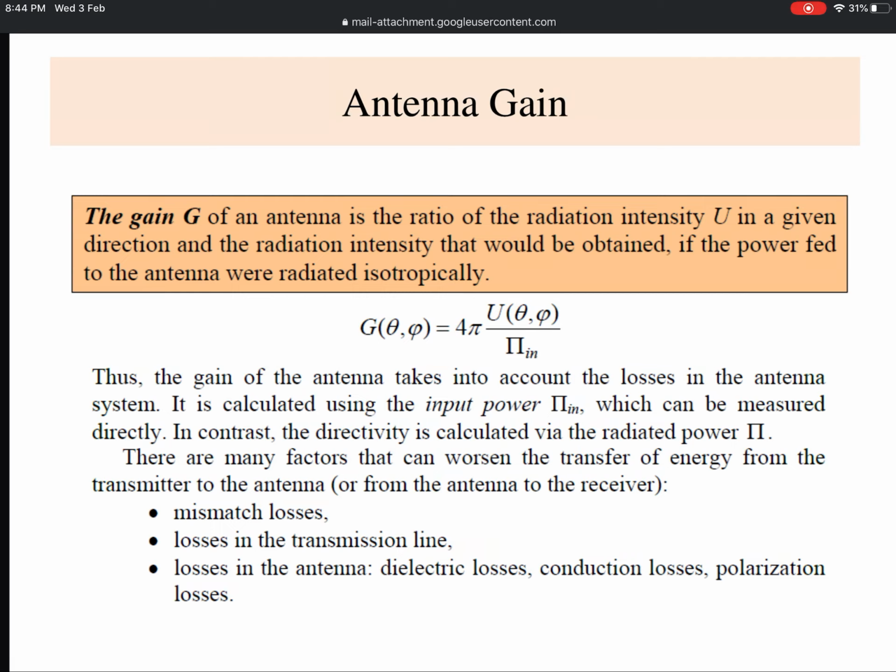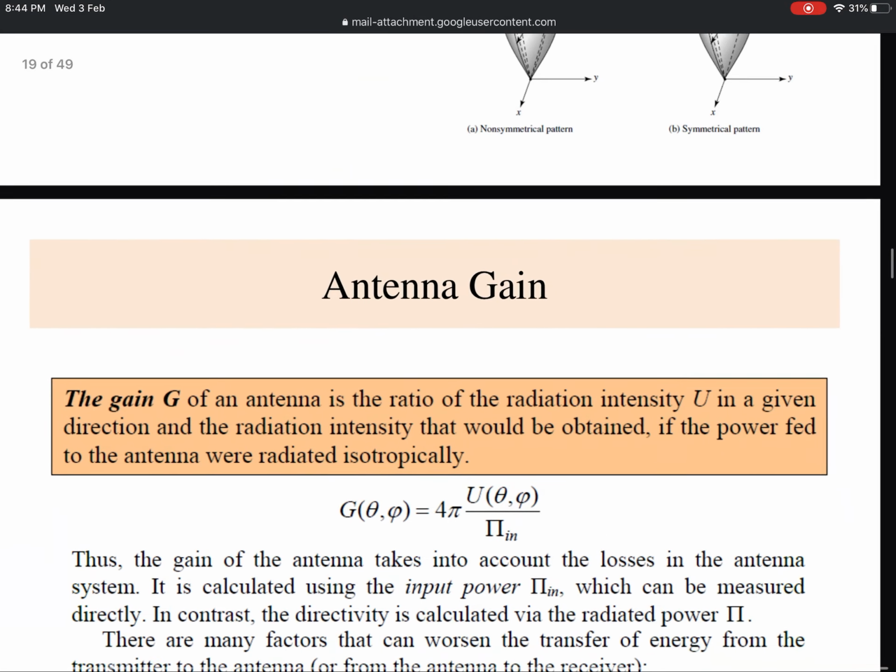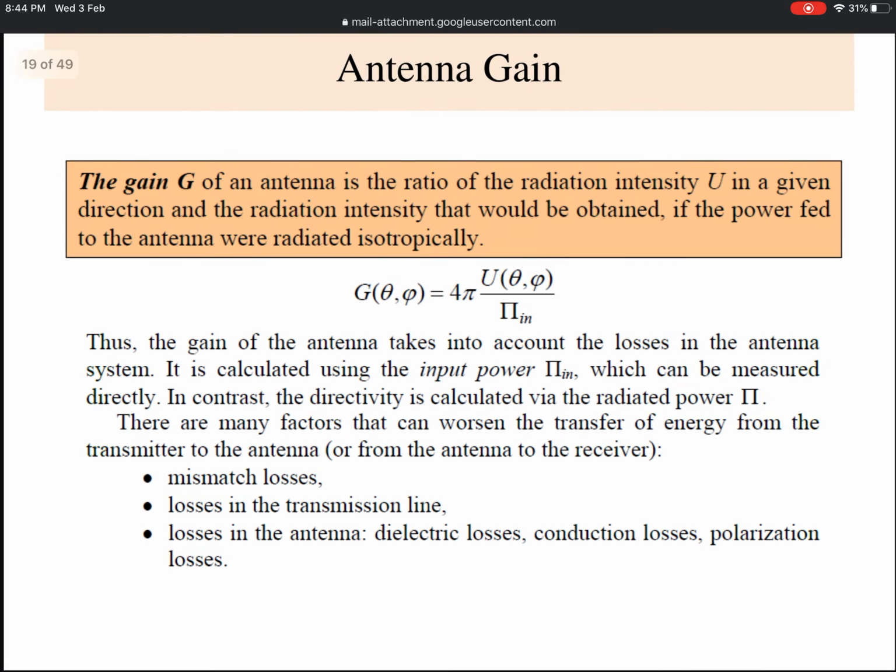Then we have seen the beam solid angle, and then directivity and partial directivity, and then the Kraus equation to calculate the directivity, which does not use the radiation intensity function defined by U(theta, phi). Now the next major parameter which can be derived from the directivity of an antenna is called the antenna gain. Now how will we define the antenna gain?